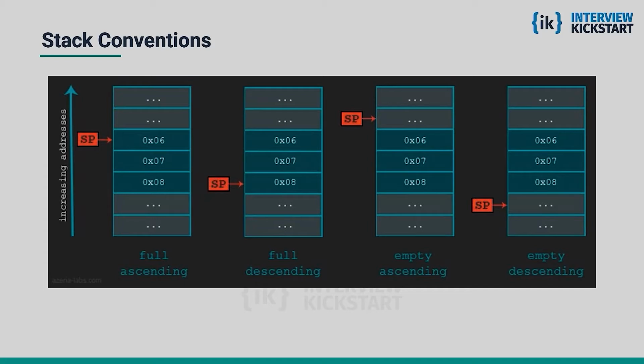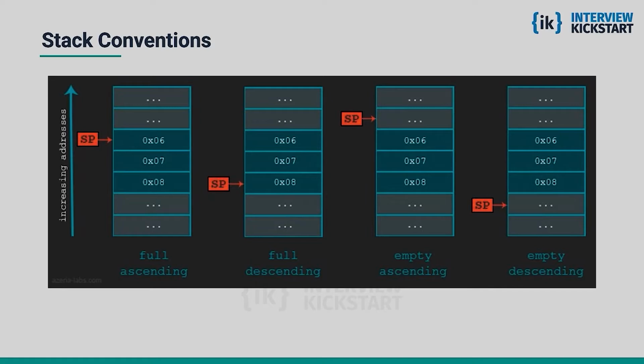Secondly, it could either grow from a lower address to a higher address, or from a higher address to a lower address. If the stack pointer moves from a lower to a higher memory address when an element is added by the push operation, then the stack is considered an ascending stack.